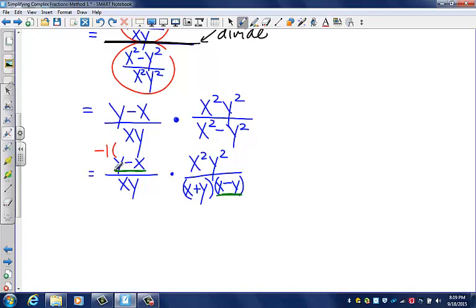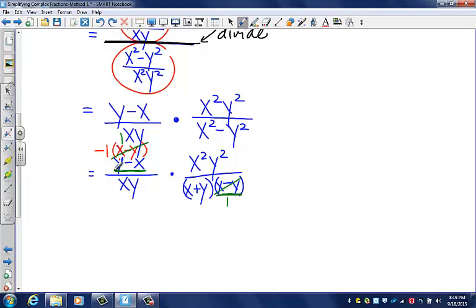If you factor out a negative 1, it becomes x minus y. Basically, those factors are opposites. So by rewriting the numerator as negative 1 times x minus y, we can then divide out that common factor of x minus y.